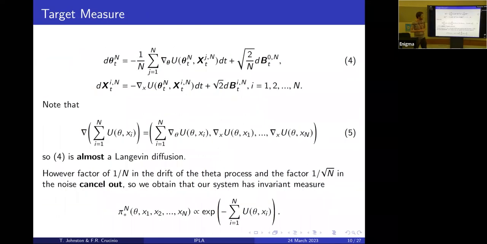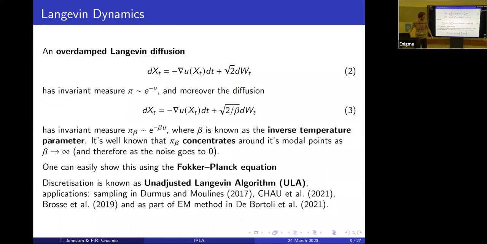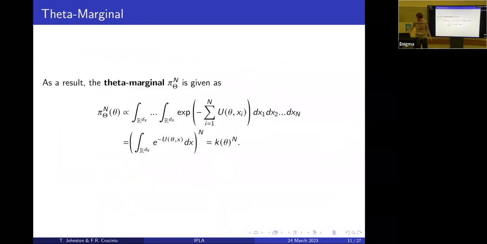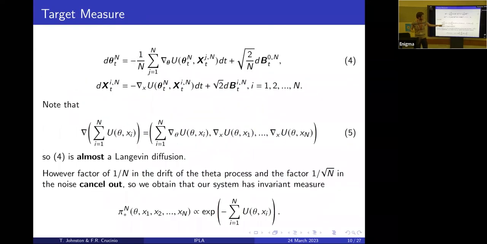So let's look at the target measure. At the core, we said that if we have a U here, then we have the Gibbs measure e to the minus U. If we just do a quick calculation, take this function and take the gradient with respect to the vector theta, x1, x2, x3, x4, etc., then we get this gradient here, which is very similar to the drift coefficient of this system.